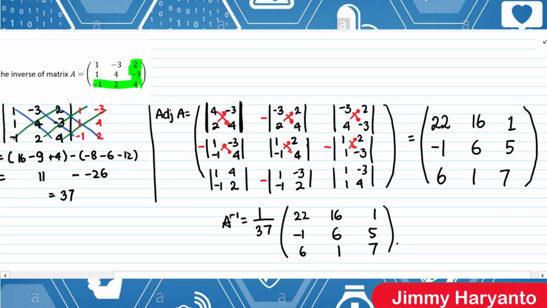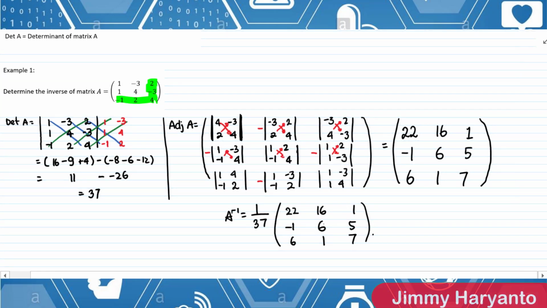So there is no easier way to find the inverse of a 3 times 3 matrix. I think this one is the easiest method, but it takes a little bit of a long time. Yeah, it will take a long time. But if you often do the exercise, you can do this quickly.